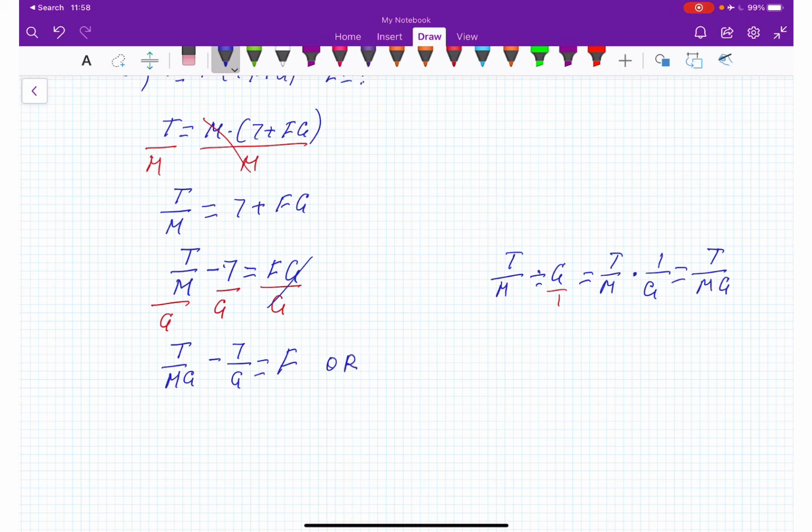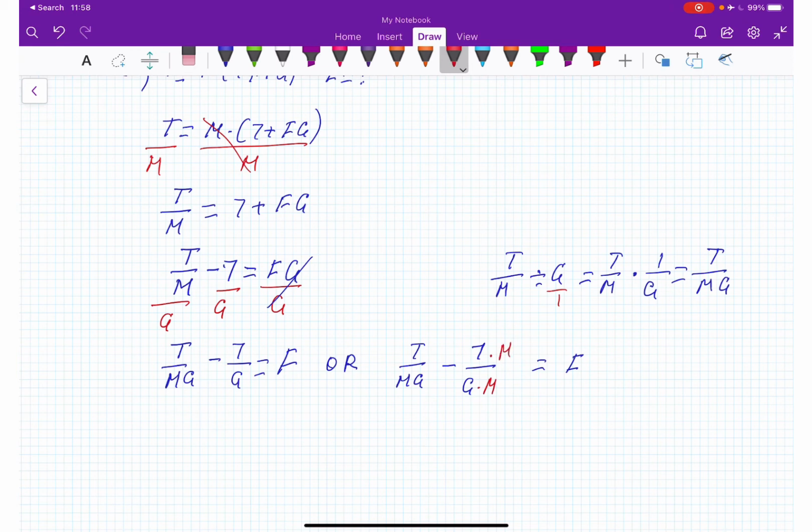We can put t over mg minus 7 over g is equal to f. So I can bring to common denominator: mg and g, it's going to be mg the common denominator, which means here m, here also m.